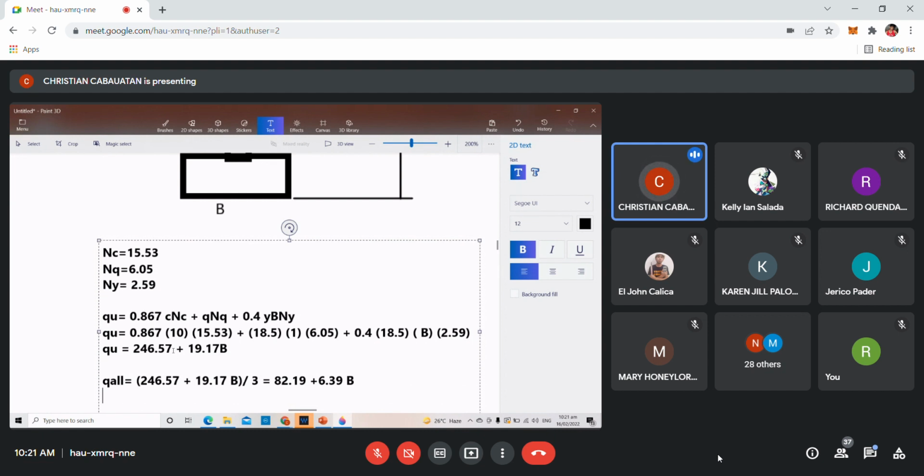So, kunin natin ang kanyang area at ang kanyang width by using its gross load, no? Or the applied pressure to the ground. Okay? Therefore, ang Q natin or the Q gross, it is equal to the Q allowable divided by its area, which is B squared because it is square.